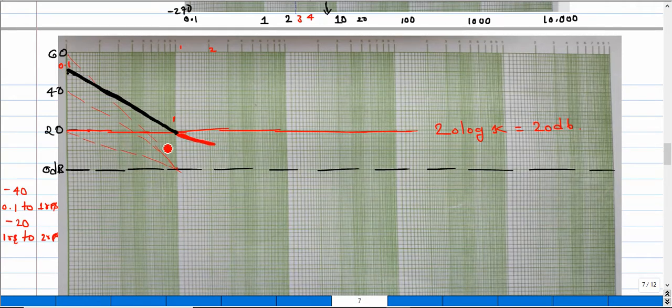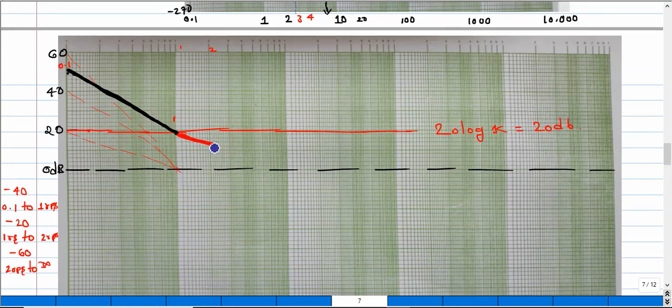Next, we shall mark a line with a slope of minus 60 from 2 rps onwards to infinity. Let me take a dark color.